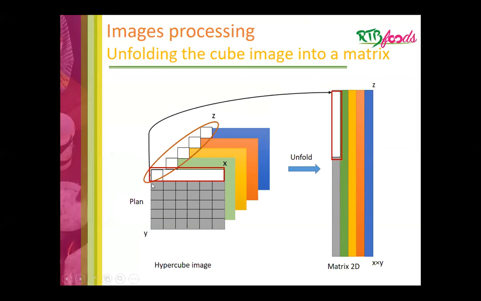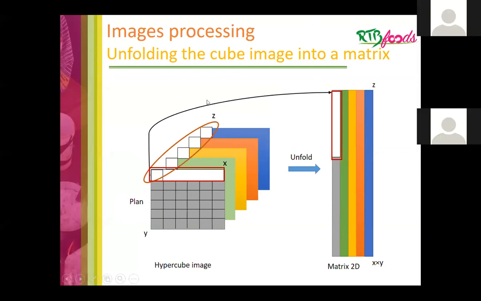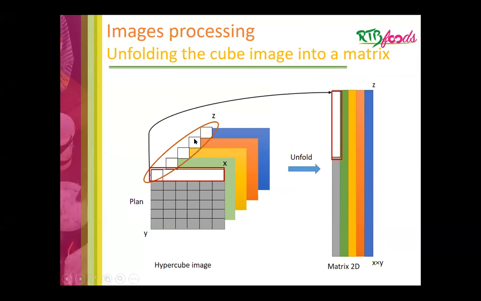Each pixel of the hypercube image represents one spectrum along all the range. As you can see here, this is one spectrum, and each plane of this image represents one image acquired at one wavelength.